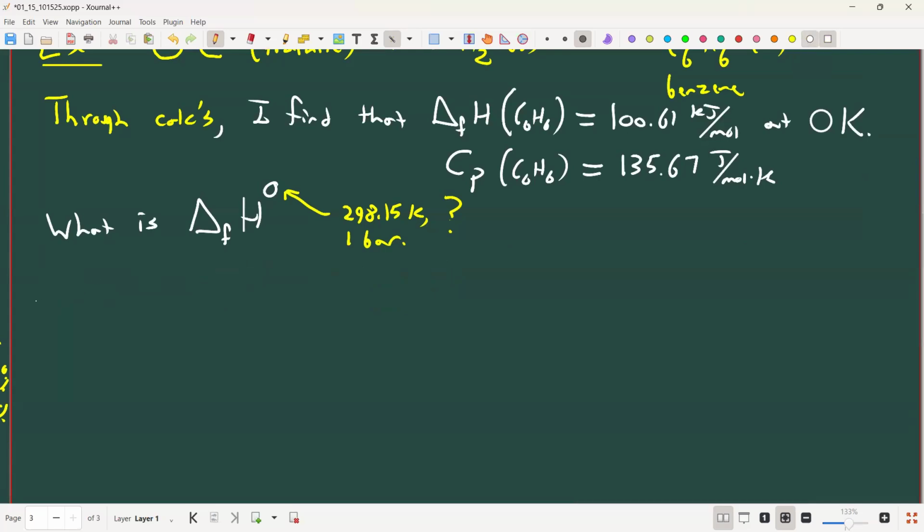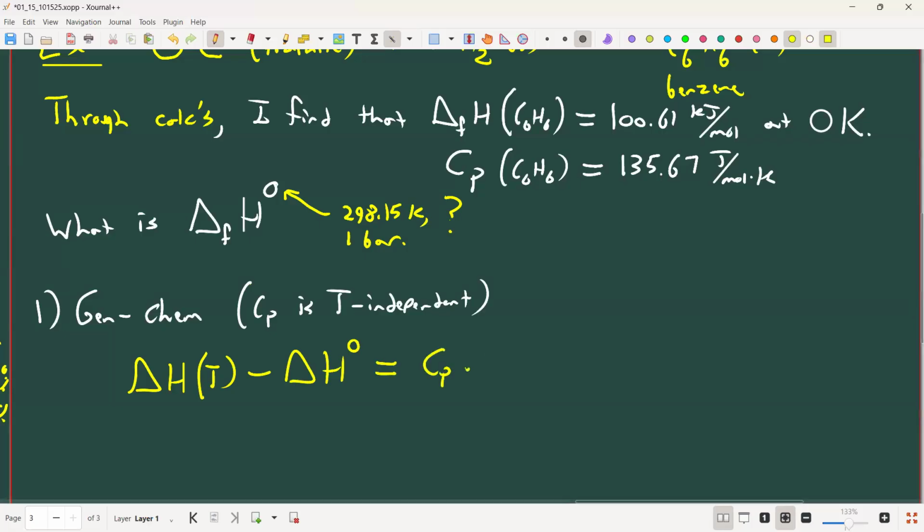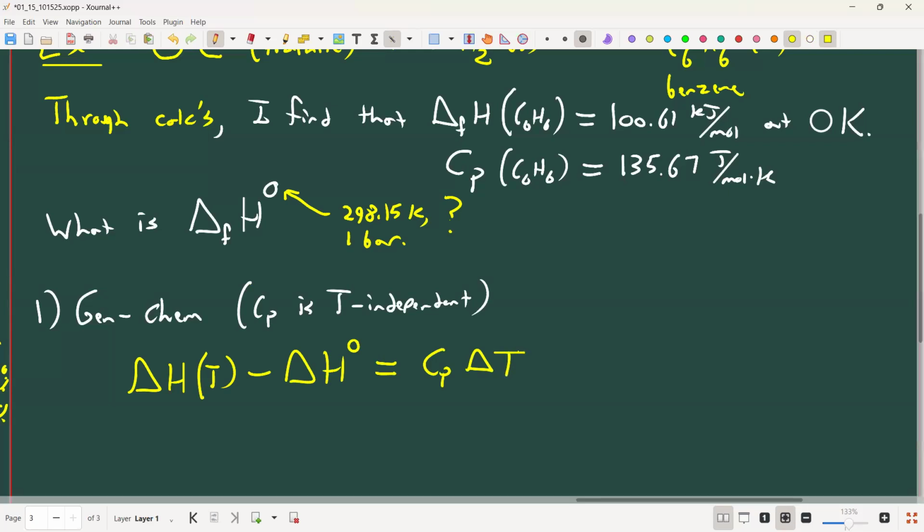Okay, well, first we'll do the GenChem result, right? Which is that Cp is T independent. And the calculation we have is that the enthalpy at some temperature minus the enthalpy at standard conditions is equal to the heat capacity times delta T. Okay.